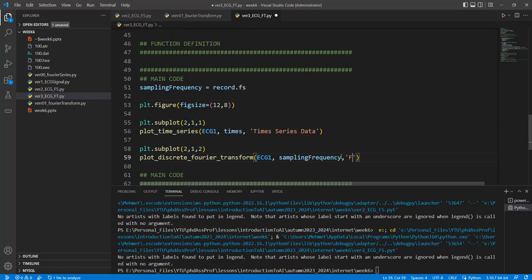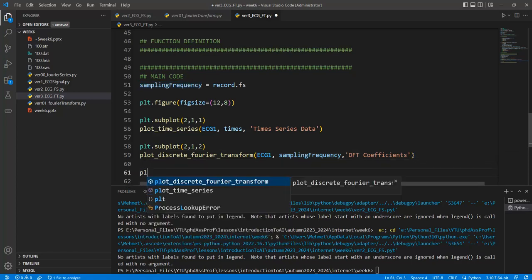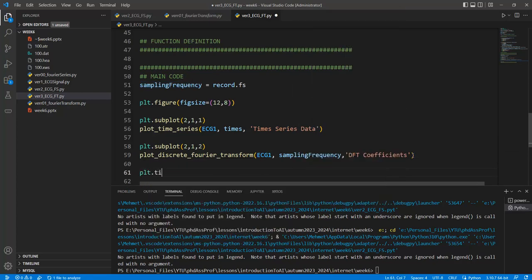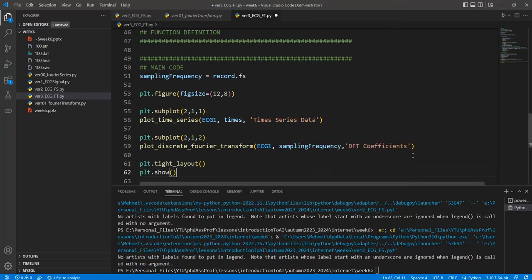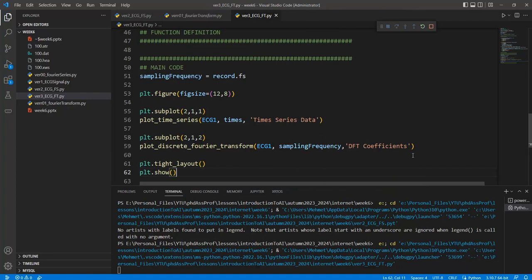And also the FT coefficients, right? plt.tight_layout and plt.show can be given in this case.